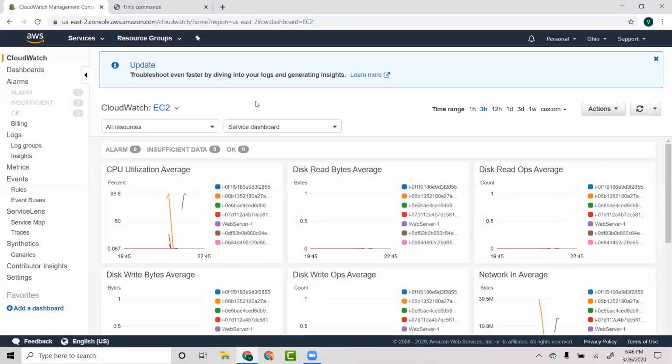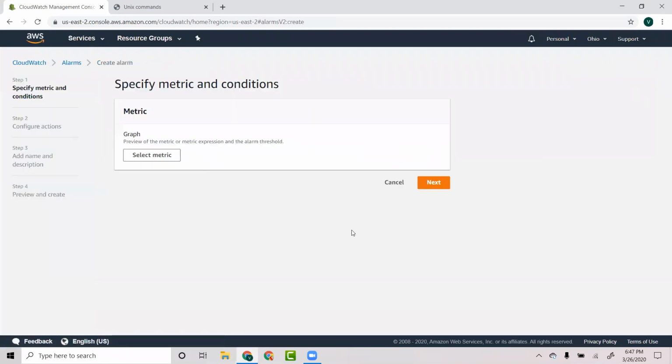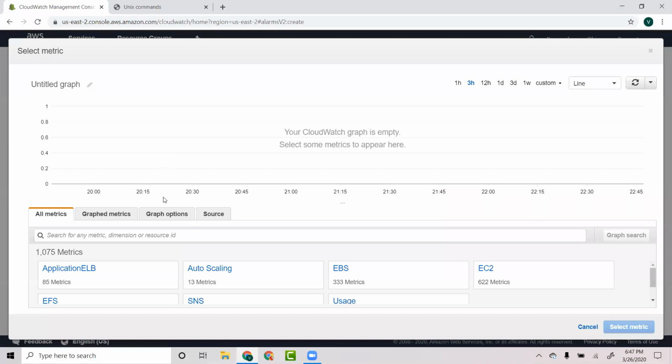It's not been 1 minute, right? So that's why we don't have the data yet. What we'll do is go to alarms, and then create an alarm. Select metric.